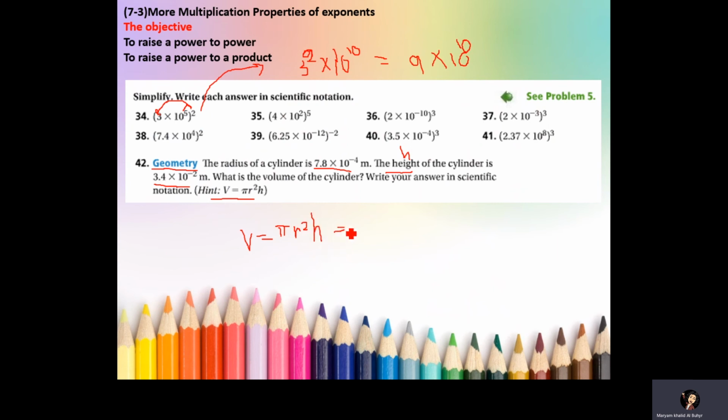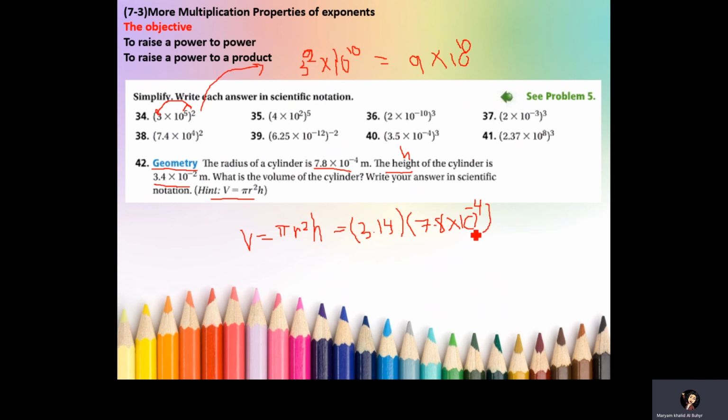You know what is pi? Pi is 3.14 times. What is r? Radius given is by this one, 7.8 times 10 to the power -4.